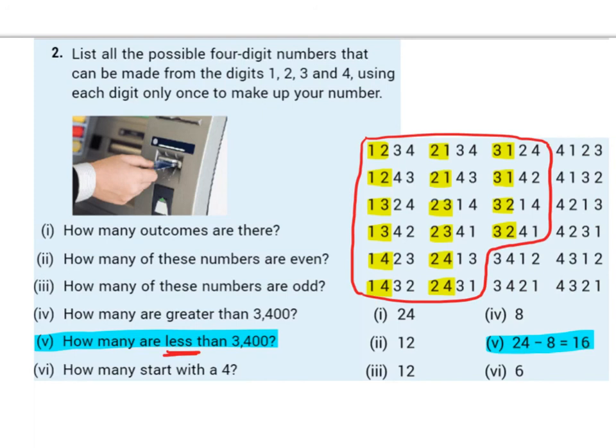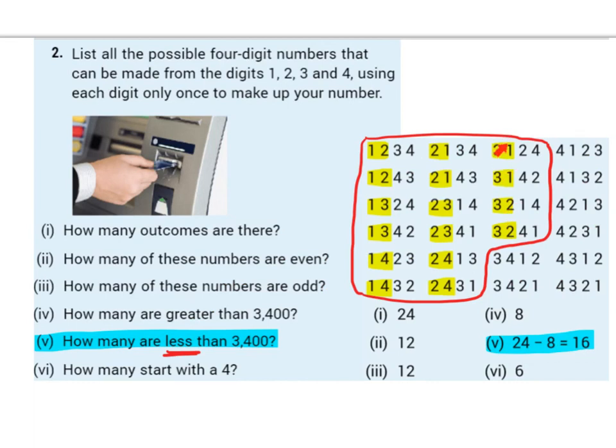But another way to do it is just to go through them and check. So all of these start with a 1, which means they're 1,000 and something. They're definitely less than 3,400. All of these ones start with a 2, which means they're 2,000 and something. So they're definitely less than 3,400. And then these ones, well, the first two start with 3 and 1.